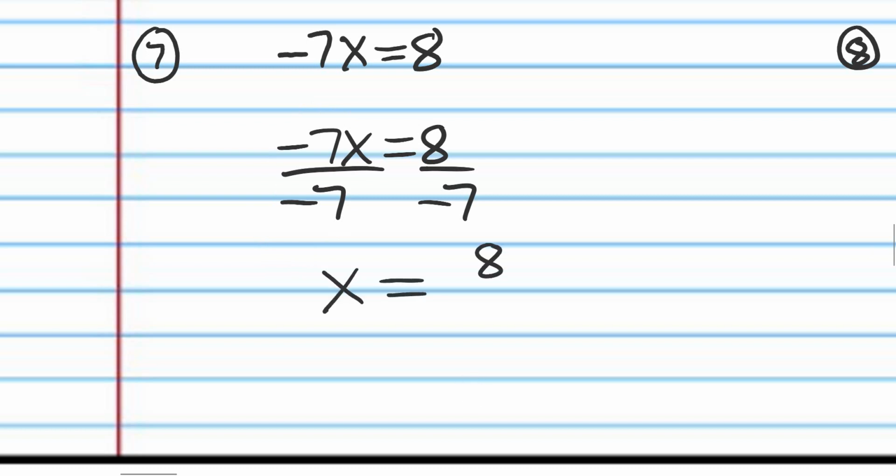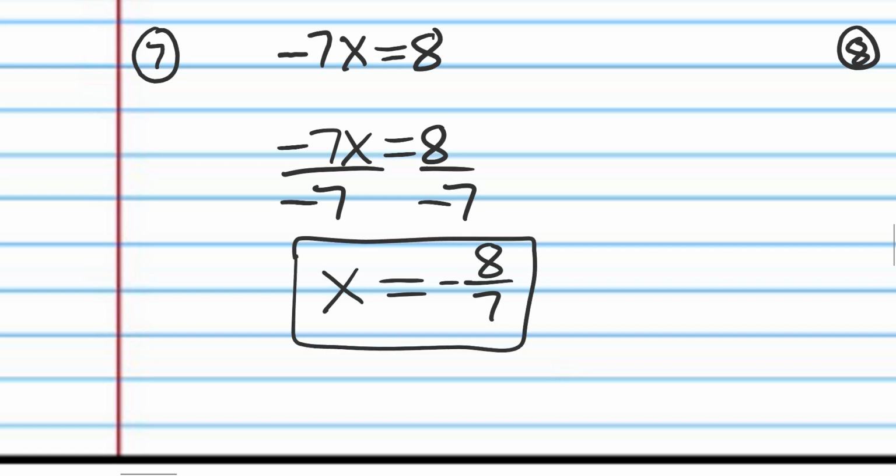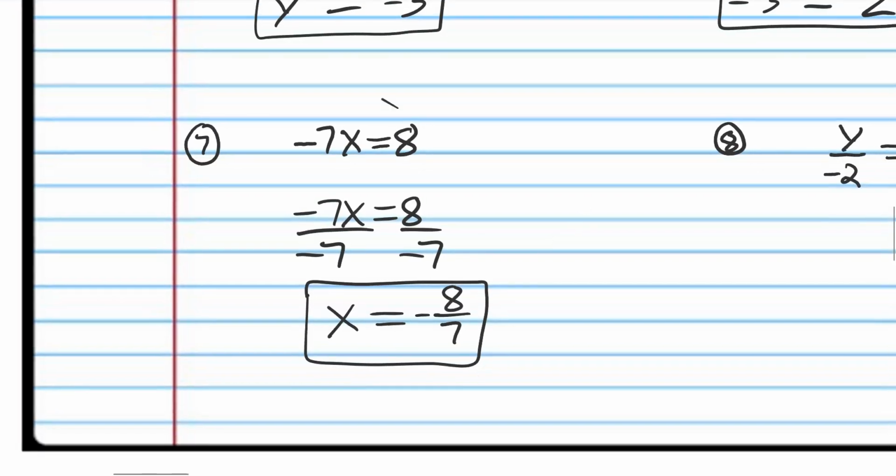And we get 8 over 7, and you can put the negative here, or here, which is probably the best place, or here, but typically you'll only see it in the numerator or in front of the fraction. So that's why it was not quite easy to figure out what x was in this problem, because x actually turned out to be a fraction.